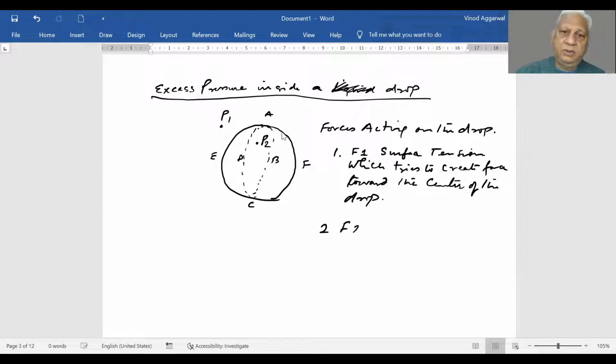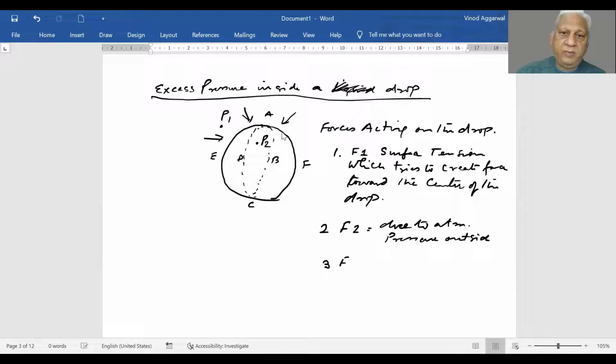Second force is F2, due to atmospheric pressure outside. This atmospheric pressure is trying to push from all the sides. Okay.